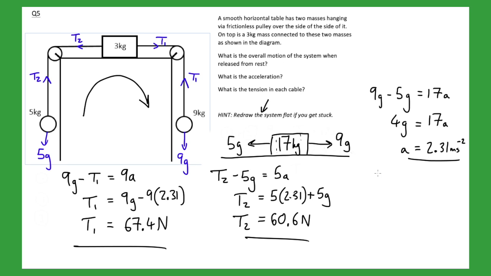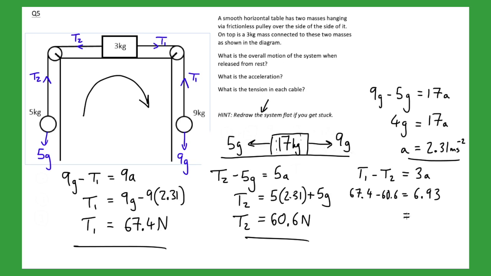What we can do eventually is say, well, this particle, the 3 kilogram particle, must be travelling at the same acceleration, and T1 is bigger than T2, so T1 minus T2 equals 3a. So we do 3 times 2.31, which is 6.93. Now remember I have rounded these, so it's not going to be exact, but it's hopefully going to be in the right ballpark.